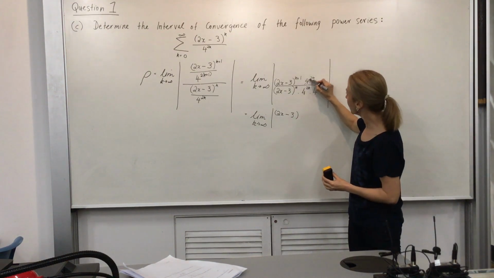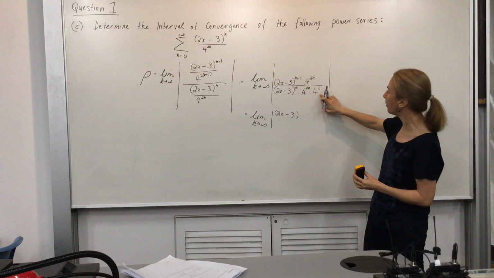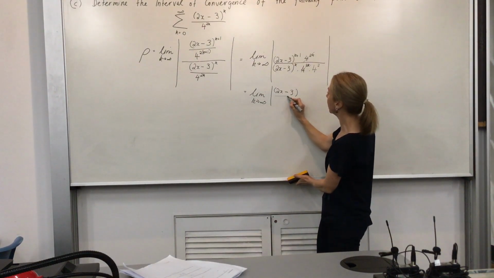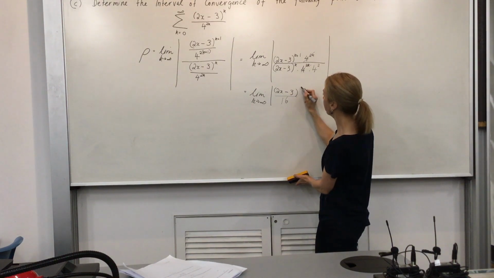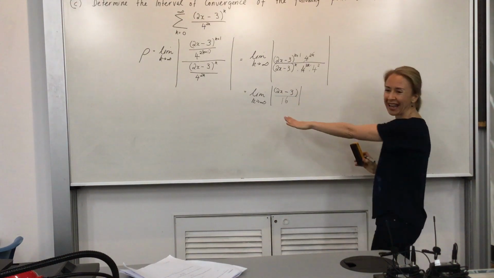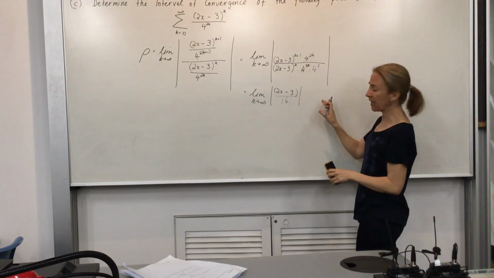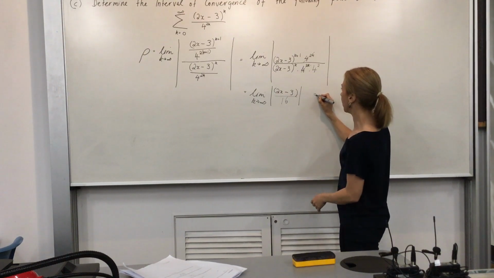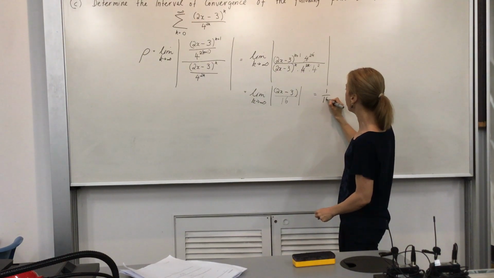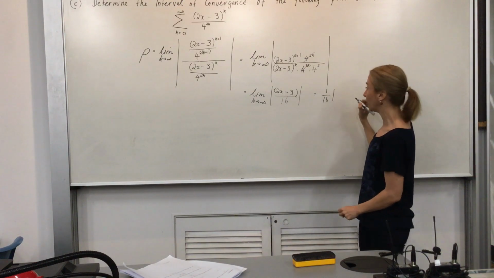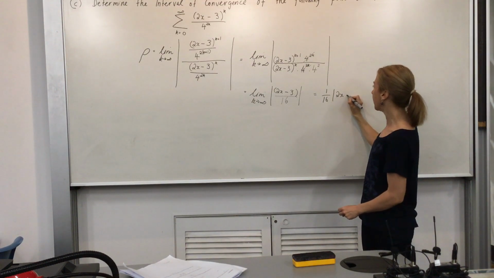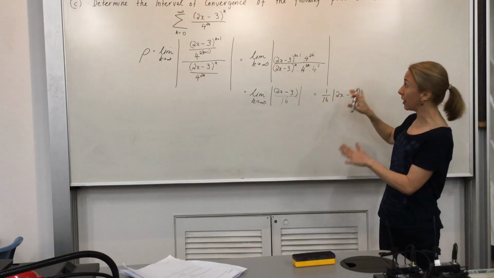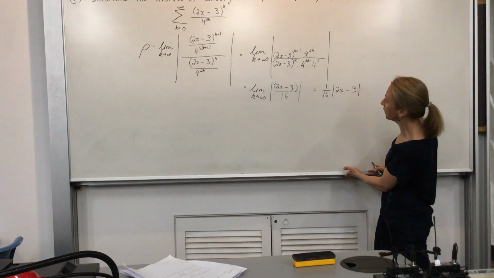So now our 4 to the 2k cancels, and I'm left on the denominator with 4 squared, which is of course 16. And k now does not even feature in this quantity, so that is equal to 1 on 16 times the absolute value of 2x minus 3. So that's the result of applying the ratio test for absolute convergence.